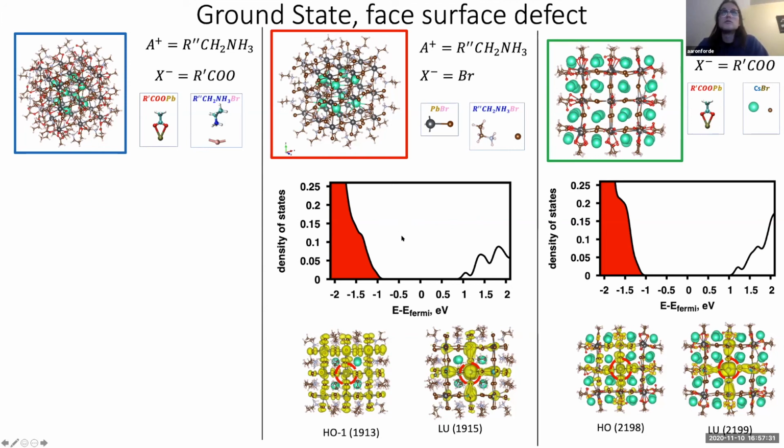In this case, we can see that with the removal of one ligand pair, there are no signs of trap state formation. If we look at the orbitals, the HOMO and the LUMO orbitals look the same as if the surfaces were fully passivated.